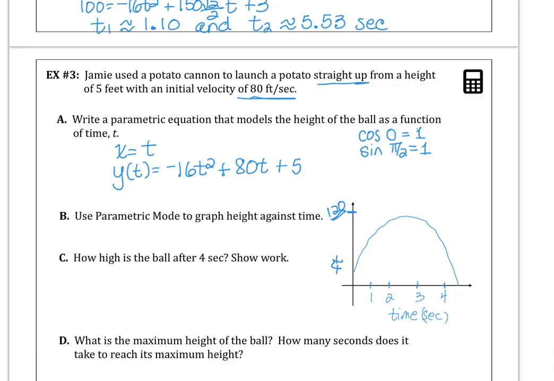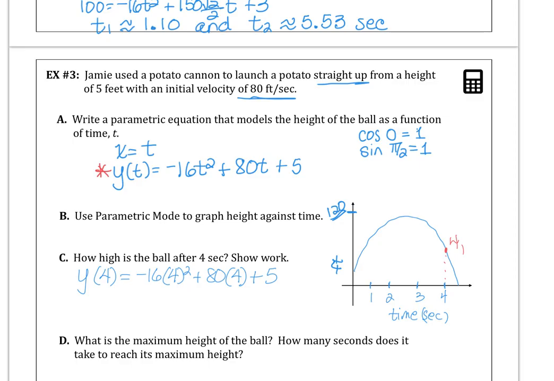So how high is the ball after 4 seconds? We want to know what's the height here at 4 seconds. So substituting into this equation, our height, y of 4 is negative 16 times 16 plus 80 times 4, that's 320, plus 5.